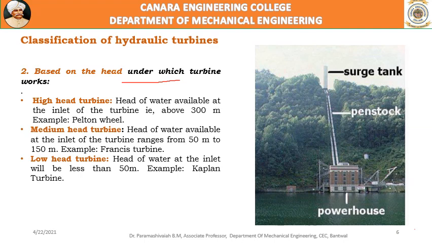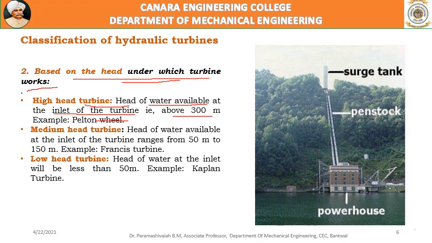Now the second way of classifying water turbines is based on the head under which the turbine works. Here we can classify based on the head into three categories. One is high head turbines, where the head of water available at the inlet of the turbine is above 300 meters. For example, Pelton wheels are used.